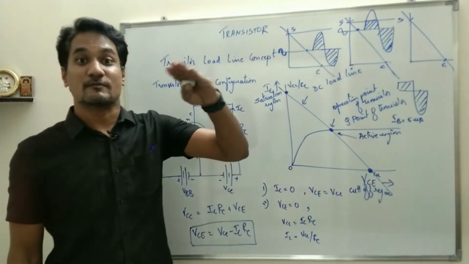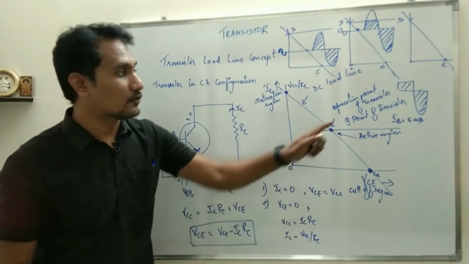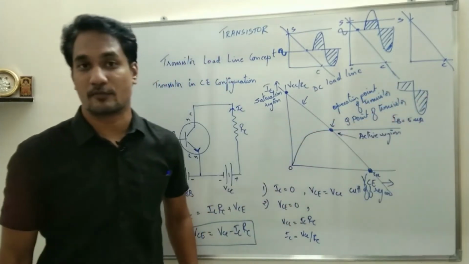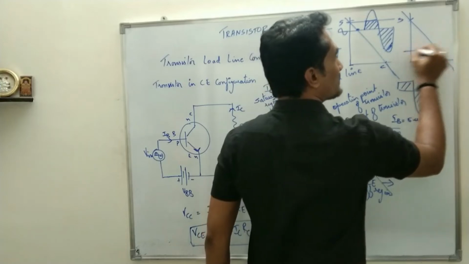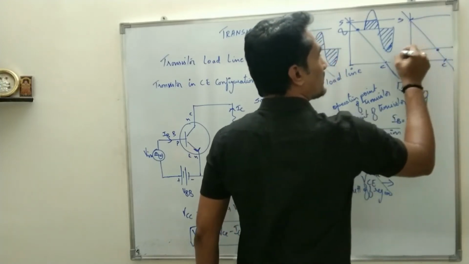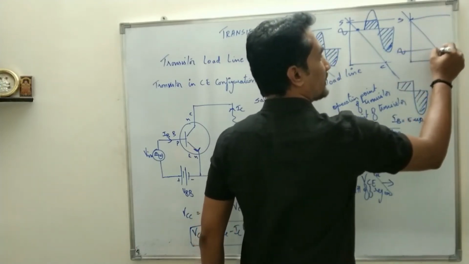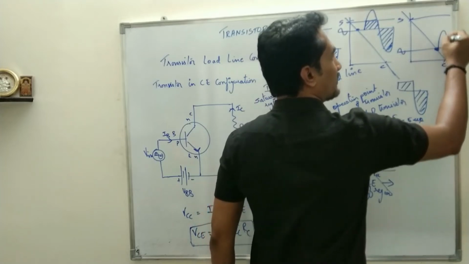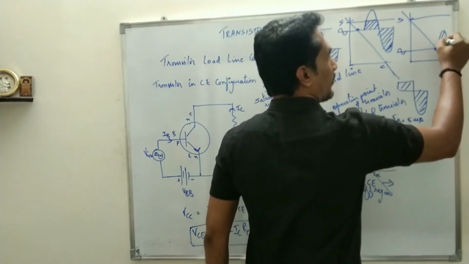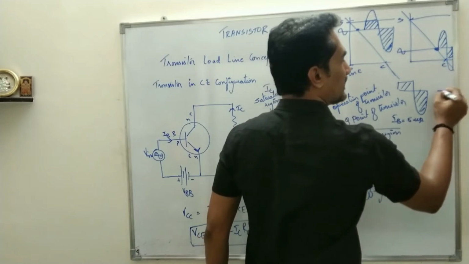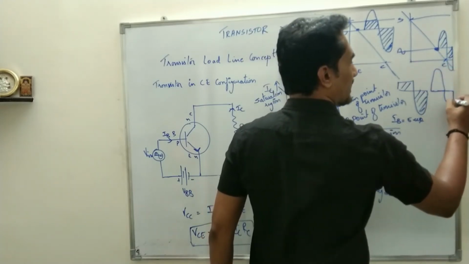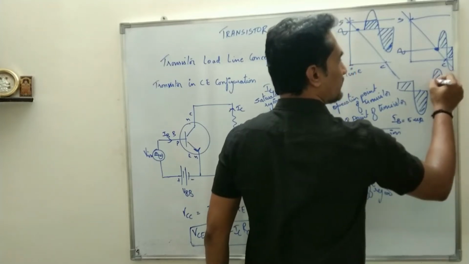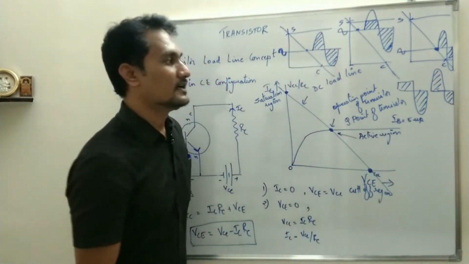The positive half cycle has been clipped out of the circuit, only the negative half cycle is amplified properly. And in the third case, suppose the operating point shifts towards the cutoff region, the input signal will be applied to the operating point and the signal will be like this. The positive half cycle will be completely amplified, and the negative cycle will be as if it is clipped from the circuit.